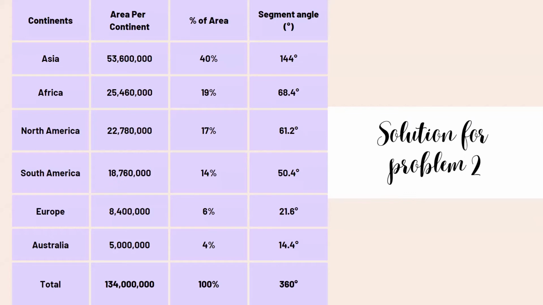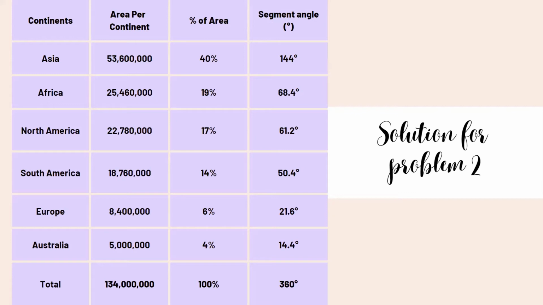For its angle, 19 times 360 over 100 is equal to 68.4 degrees. For North America, 22,780,000 over 134 million times 100 is equal to 17%. For its angle, 17 times 360 over 100 is equal to 61.2 degrees.